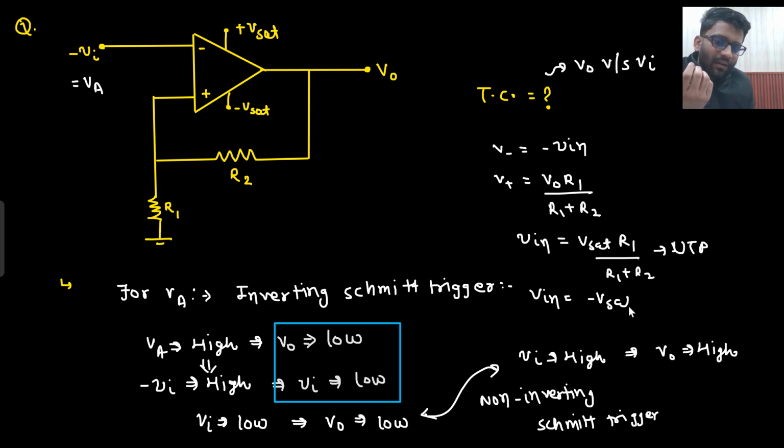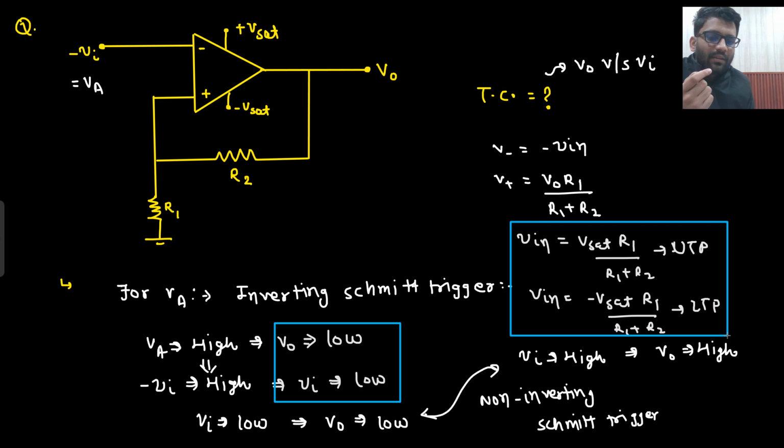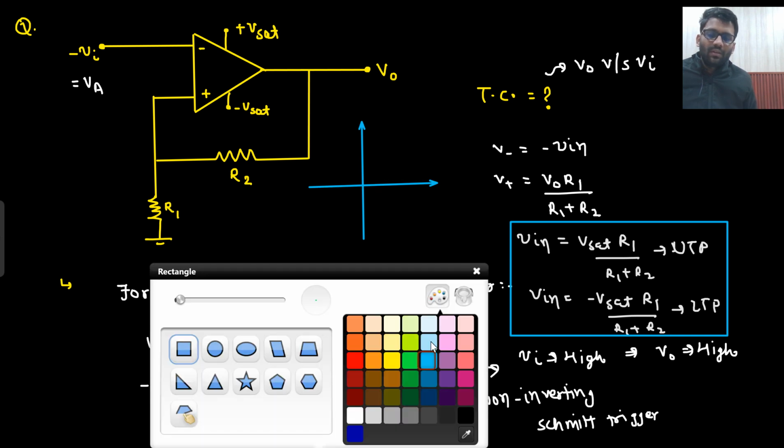And here, if I put V naught equal to plus V set, then my V in will be minus V set upon R1 plus R2. So this will be my LTP. So now I can draw the characteristics as well. How will the characteristics look? So here I am drawing the characteristics.